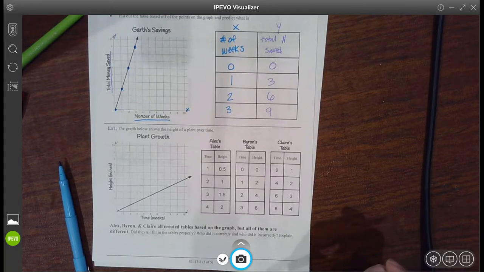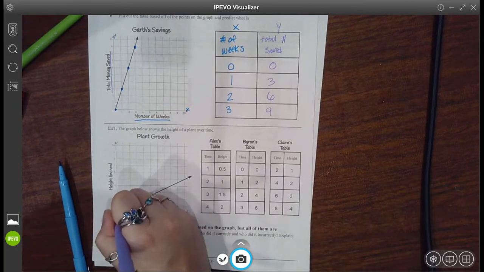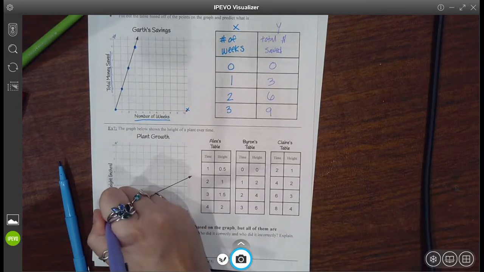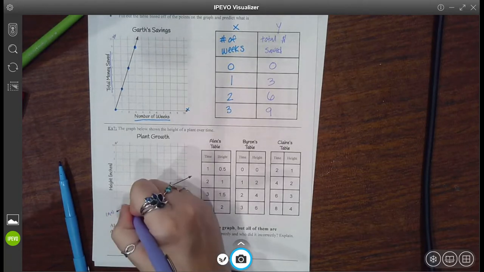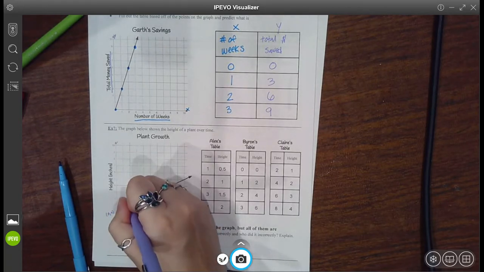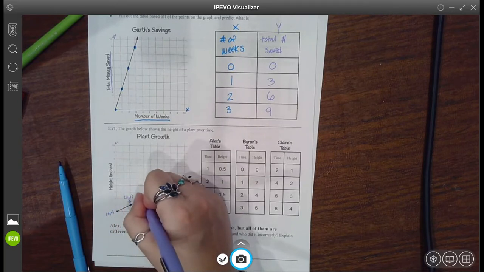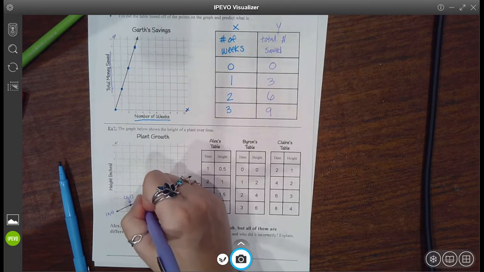So what might be nice is maybe I want to identify some points on the graph. I know that this point is 0, 0. This one is an exact point, and that represents over 2 up 1. This is an exact point, and that represents over 4 up 2.